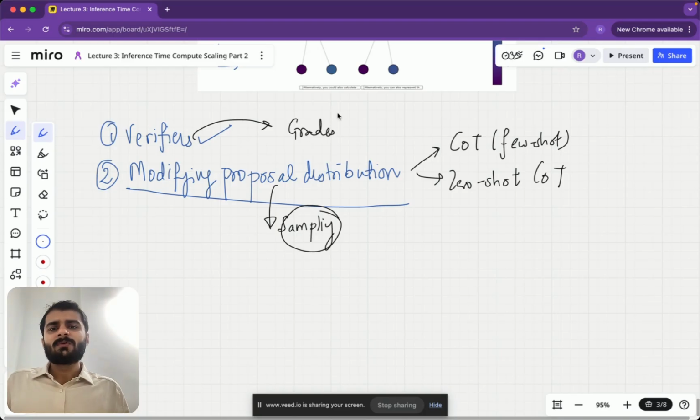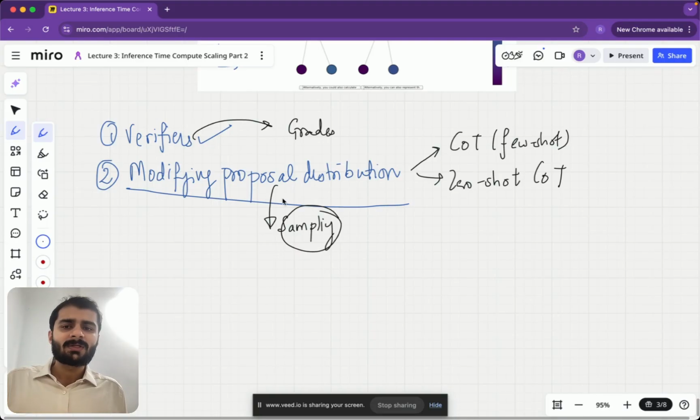So whenever you are using this technique of building a reasoning model by leveraging inference time compute scaling, then you can either modify proposal distribution or you can implement a verification layer inside. Both of these are viable techniques.